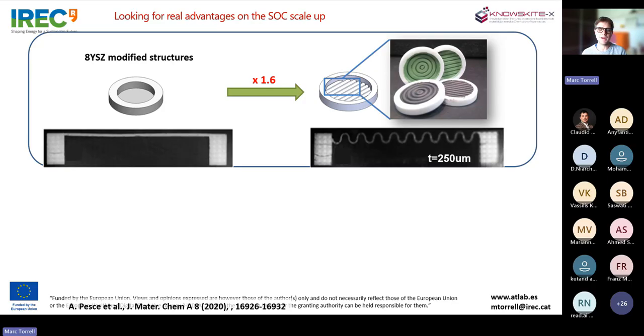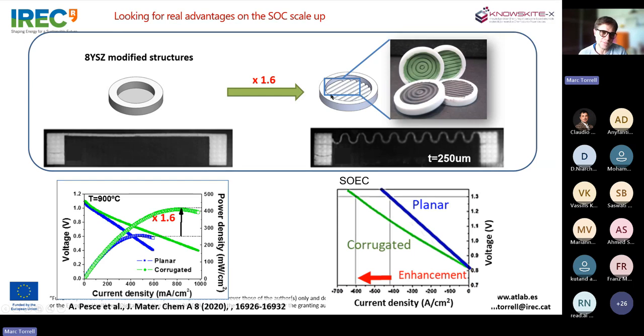So here you have a comparison, the cross-section comparing a button cell with a standard flat printed electrolyte to the corrugated one, where we have an increase in the area of 60%. Of course, if you are familiar with this technology, you know that if we increase the active area by 60%, we will have an increase on the performance, on the power density, on the injected current of 60%. And this is what we prove. We prove it in 8YZ button cells.